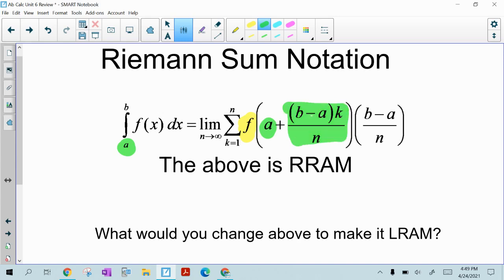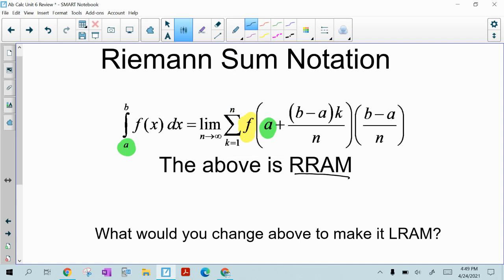That is stuff that's been added, stuff to the right of A. So because it's been added to A, I didn't actually start at A, I'm starting a little bit to the right of A. We're going to say that this ends up being an RRAM approximation.